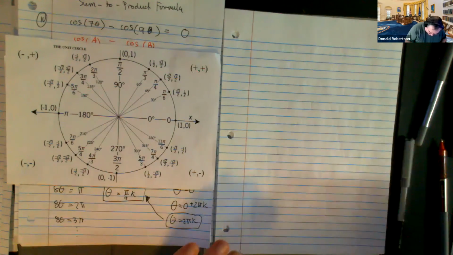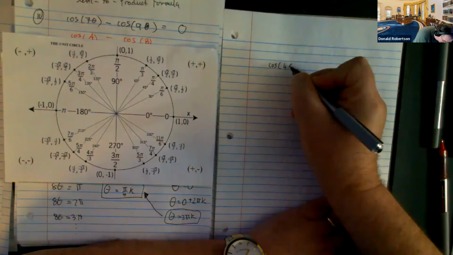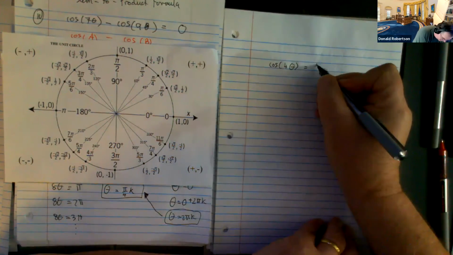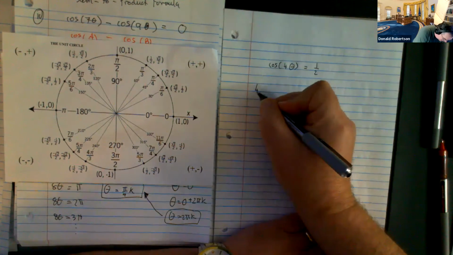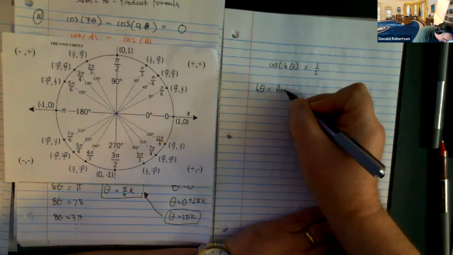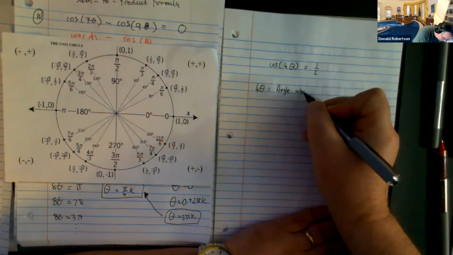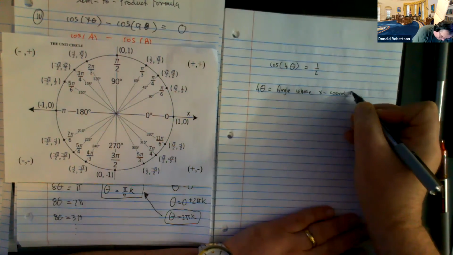Let me do an example of that then. Suppose at the end of all the working, I ended up with this. Then I would be saying, okay, 4 theta would have to be the angle whose x coordinate is a half.